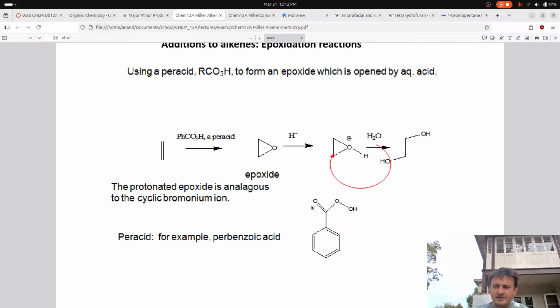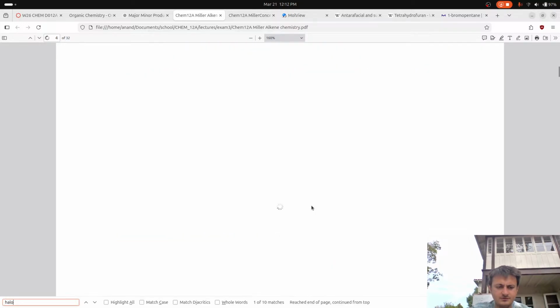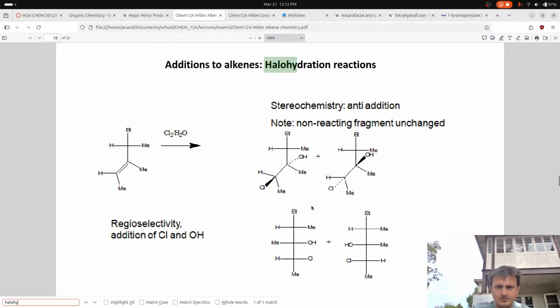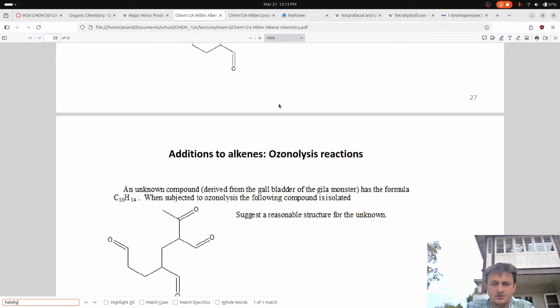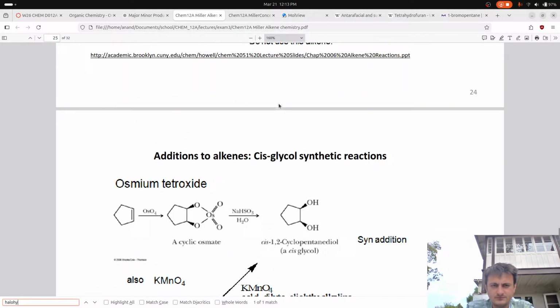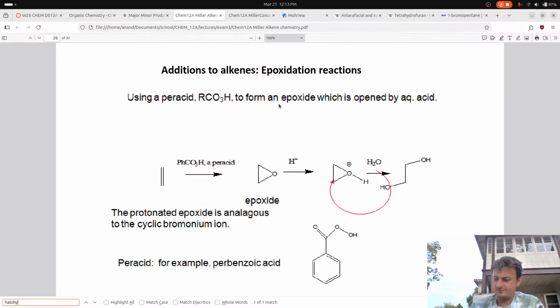I think that's in here, right? Halohydrin. Okay, that's good. Then oxymercuration, hydroboration, osmium tetroxide, and potassium permanganate. Okay. I am interested in the epoxidation reactions. We need to do this.